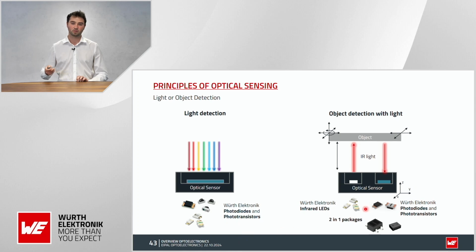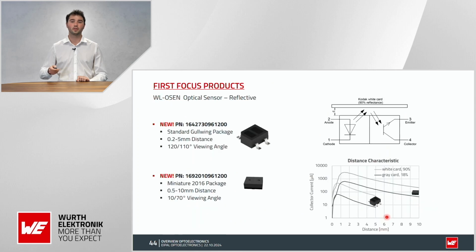But what you can do, you can put an infrared emitter and detector next to each other, and then build a sensor like this. If there's light coming up, and there's an object, it's being reflected, and then you see it. And now I've introduced some new products that have been released a couple of weeks ago. Those are 2-in-1 packages, optical sensors, where you have the LED and the phototransistor together in one package.